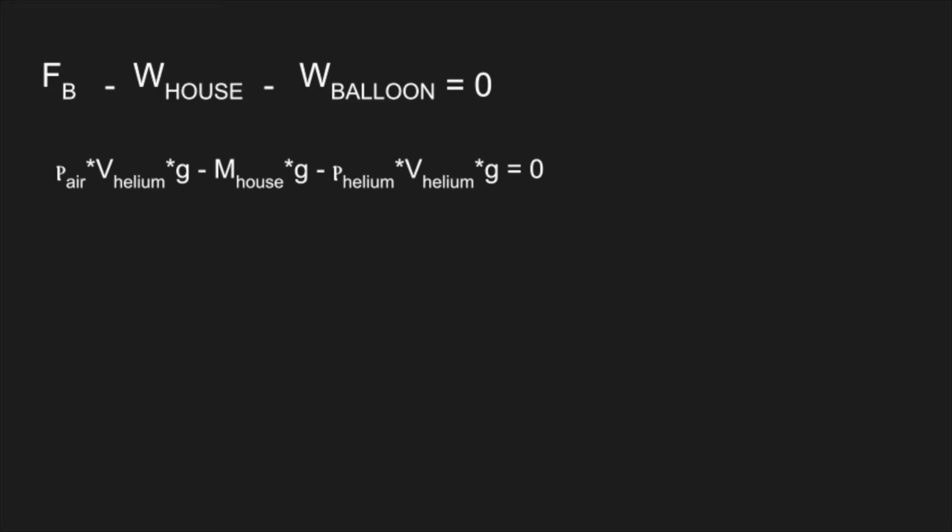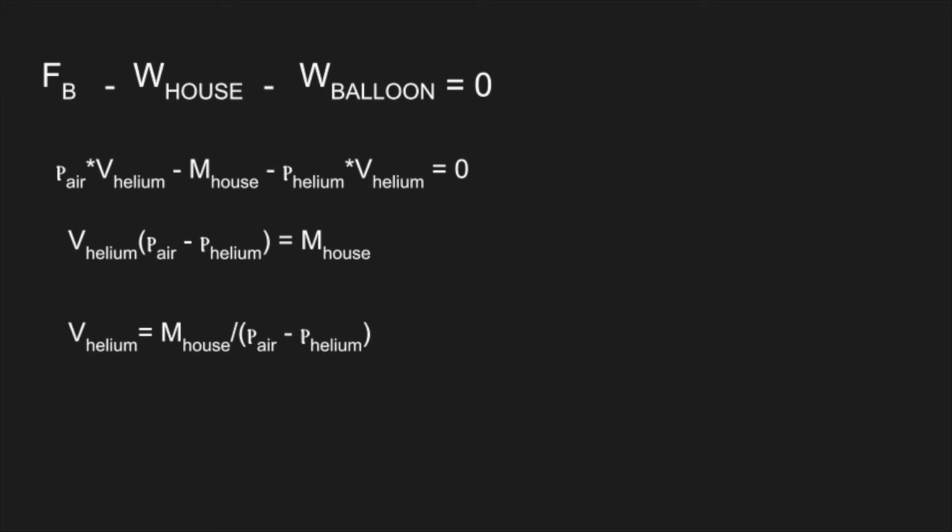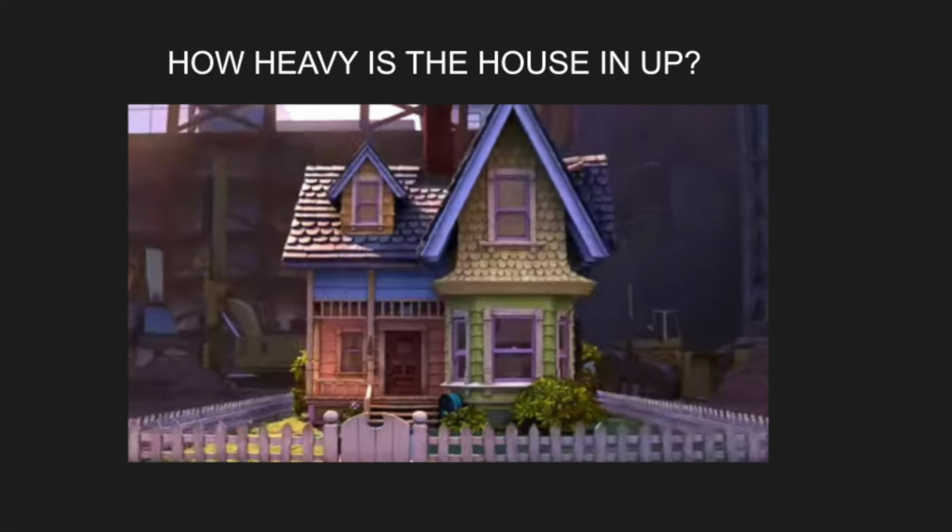We then expand it to get the density of air times volume of helium times gravity minus mass of the house minus density times volume of the helium times gravity. Since all the terms have gravity, we can cancel it out and get this. Now we do a little bit of simplifying and we end up with this, where we solve for the volume of helium. Here we have one question we have to ask ourselves.